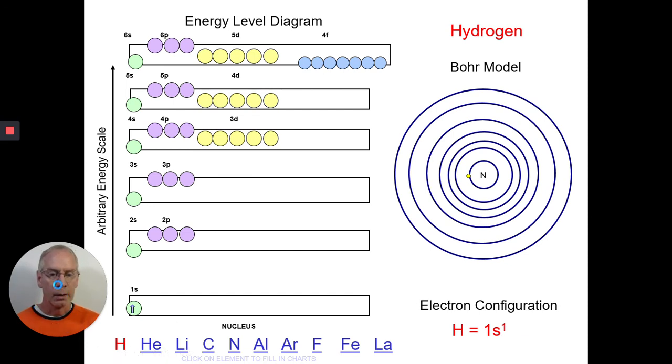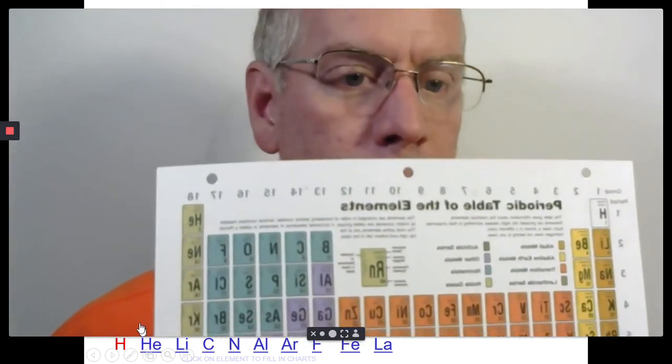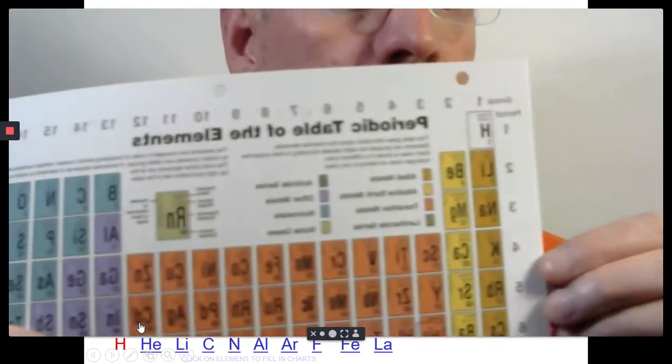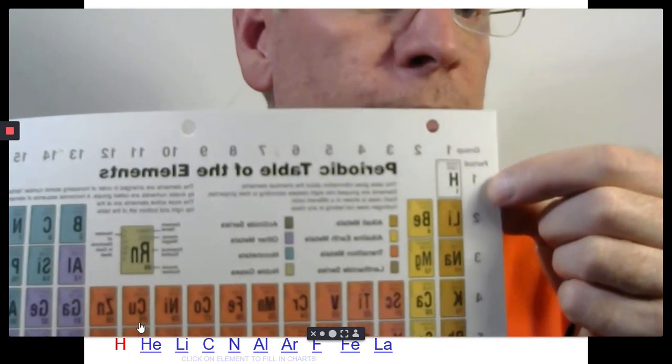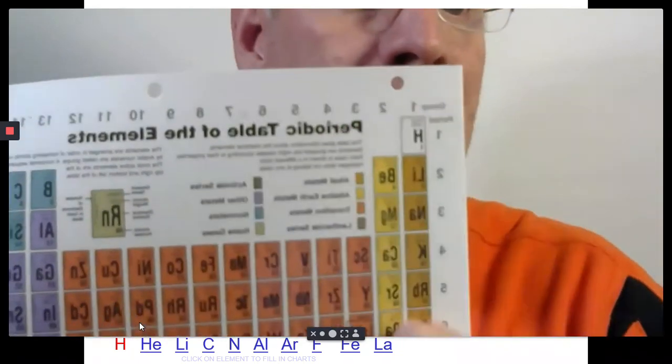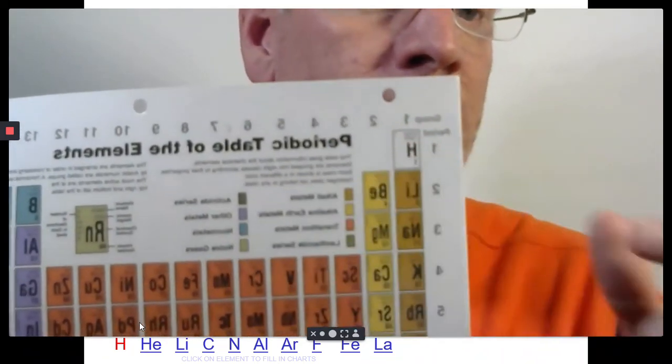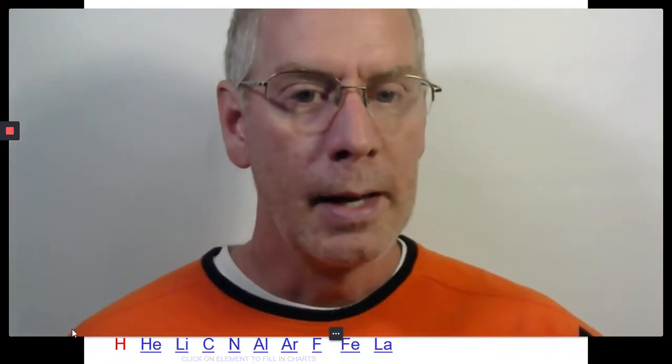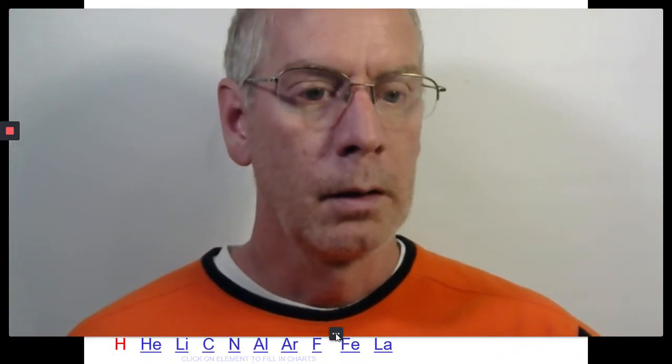Hopefully that's going to make it bigger for you. All right, good. Do you see over here, we have the first energy level, that's 1. We're in the s block, and it's 1 electron in. Hence, that is a 1s1 electron configuration.